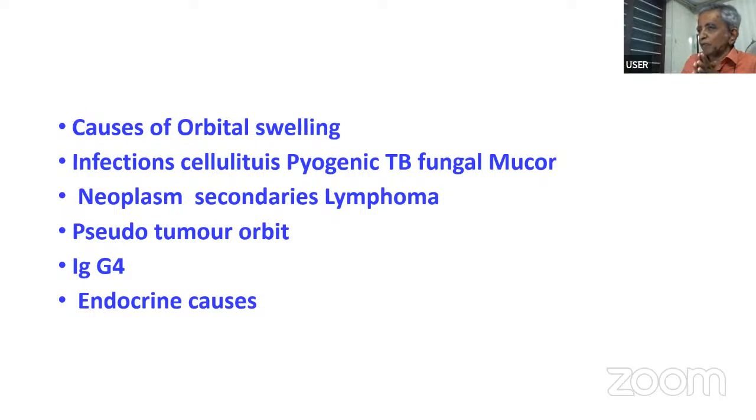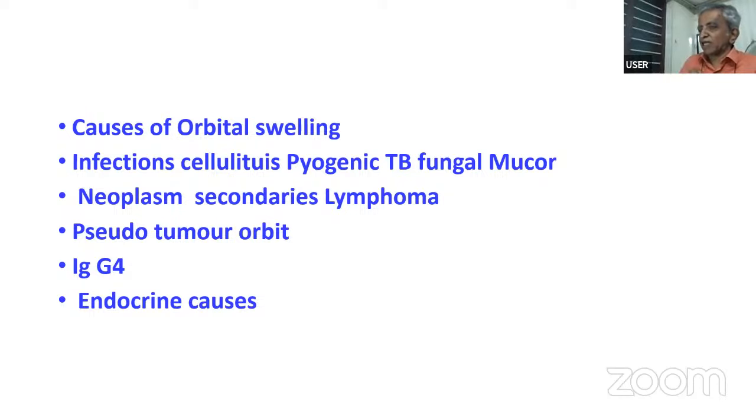orbitopathy? Do a CT scan or ultrasound. CT scan will show thickening of the muscles. The extraocular muscles will be bulging and thickened, but the thickening will spare the tendon.